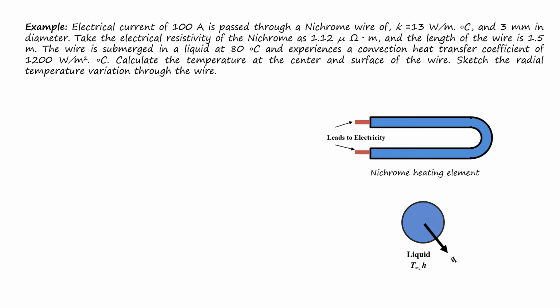Then we need to calculate the temperature at the center and surface of the wire, and we need to sketch the radial temperature variation through the wire. That means we have only one-dimensional heat conduction, and this should be considered under steady state conditions.